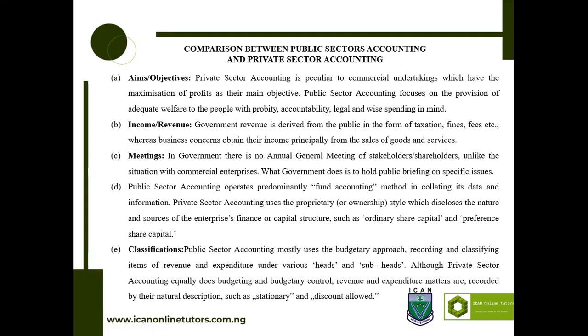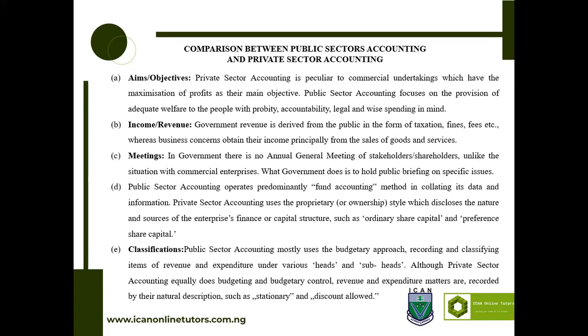Now, the differences between public sector and private sector accounting are analyzed as follows. We have the aims and objectives. The aims of private sector accounting are totally different from the aims of public sector accounting.